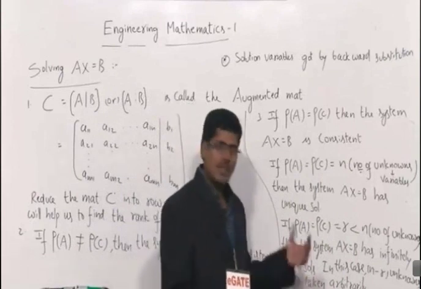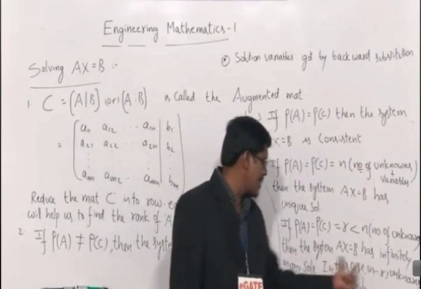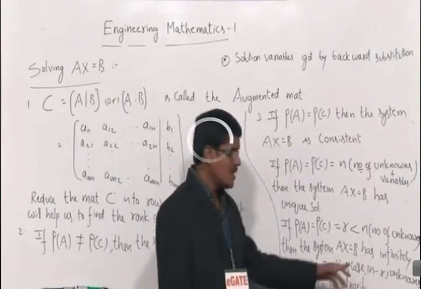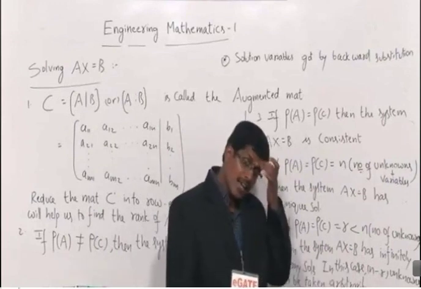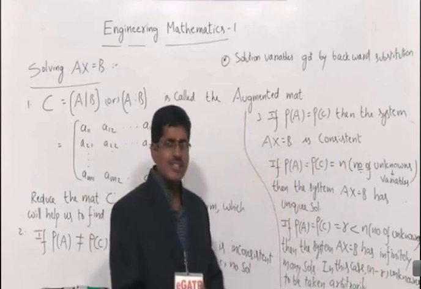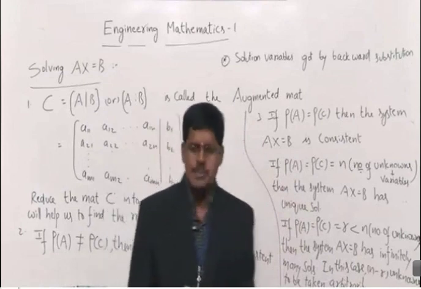So to find those infinitely many solutions, the procedure is given in one point down here. In this case, n minus r unknowns are to be taken arbitrarily. n is the number of unknowns, r is the rank of both matrices. The difference is the number of unknowns to be taken arbitrarily.